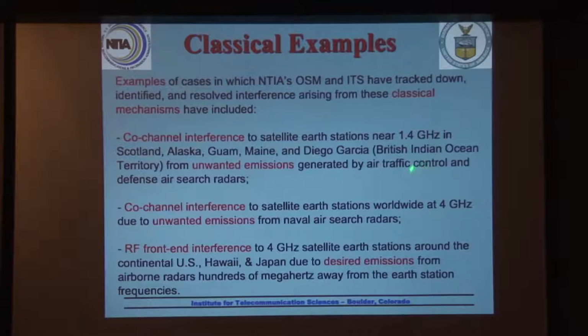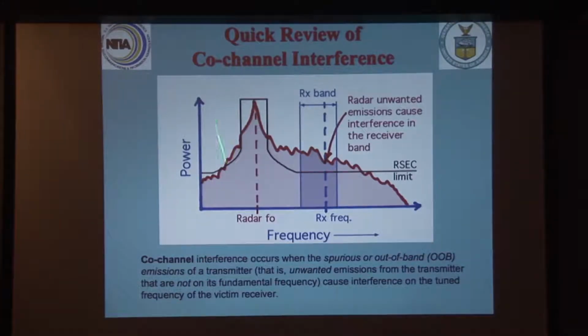That was due to unwanted energy coming out of the air traffic control radar and getting into the satellite system via that mechanism. So here we have the air traffic control radar, and it was putting energy out right on those Earth station frequencies.